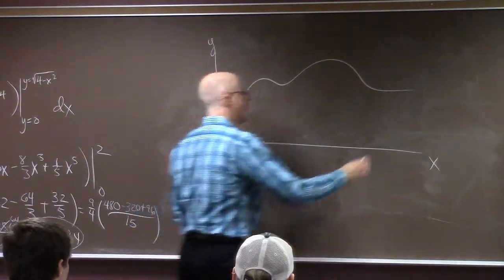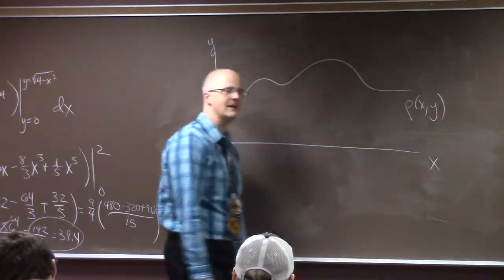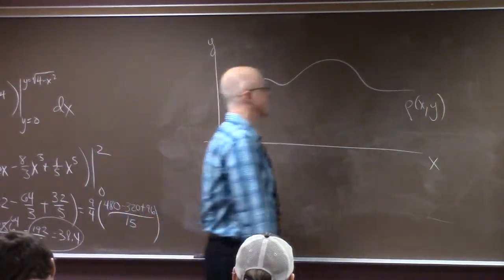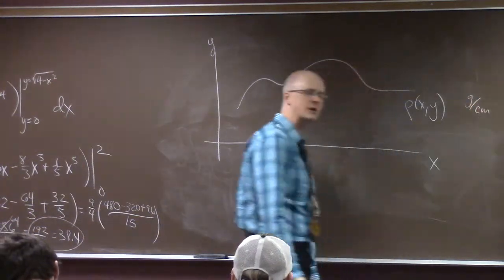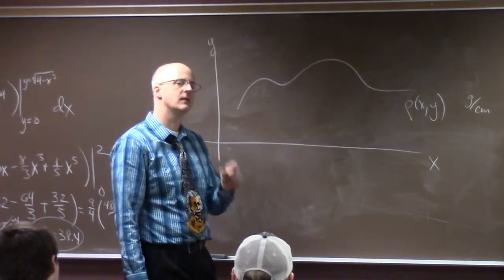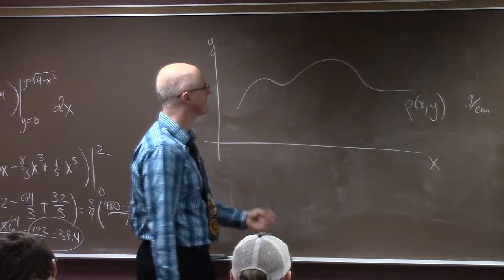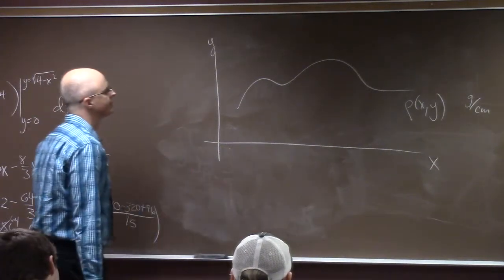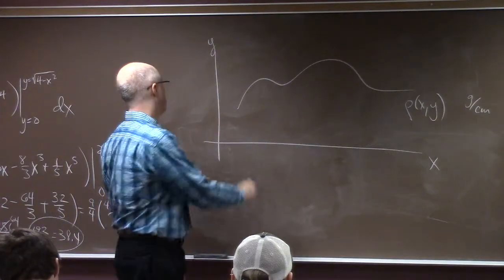Let's pretend it's some function of x and y. The rho of x, y would be the linear density here, say in grams per centimeter, grams per unit length, because it's a thin wire. It's effectively, from a modeling perspective, a one-dimensional object. You ignore any thickness to it. So this would be a linear density, but it's a function of the position along the wire.